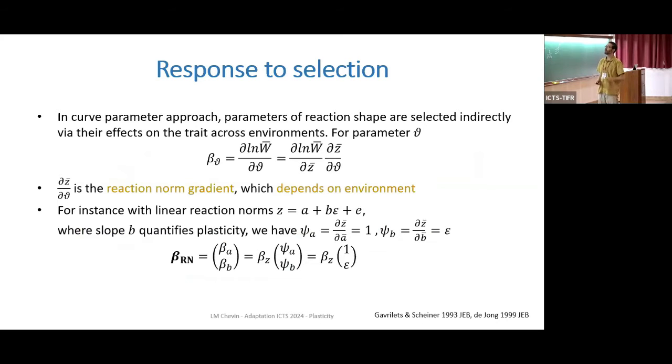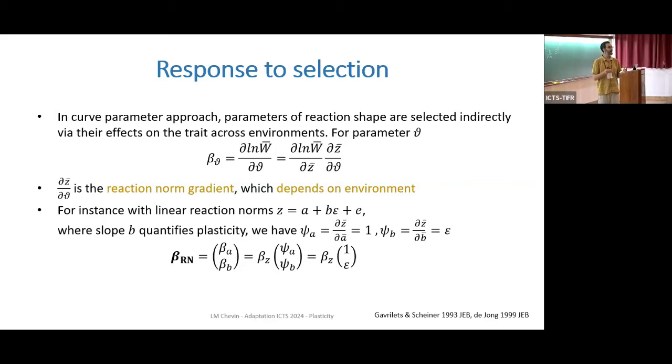Okay, so one key thing now, if you think of response to selection, is that usually there's no direct selection on plasticity per se, or if there is, it's something specific, what people call the cost of plasticity, for instance.